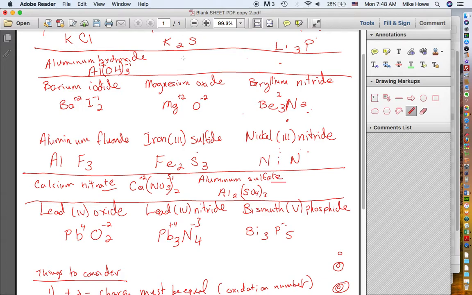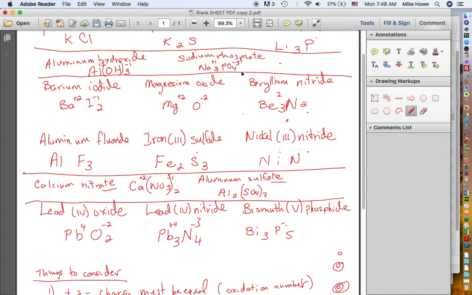All right, last one. Let's suppose we had sodium phosphate. All right, so sodium is Na, and it has a +1. Phosphate is PO4, and it has a -3. Right. So there are 3 sodiums, because 3 times 1 is 3, and that matches this -3.